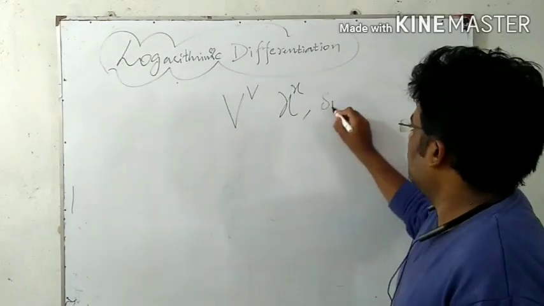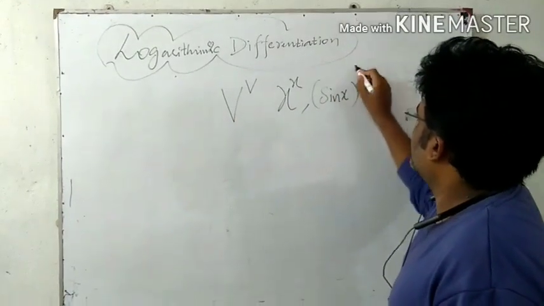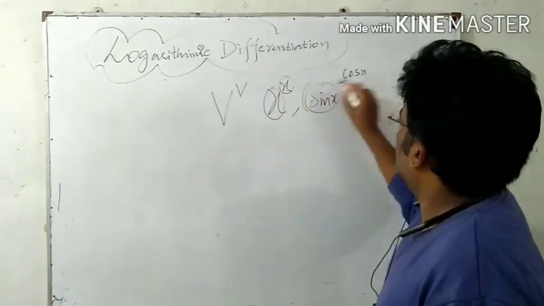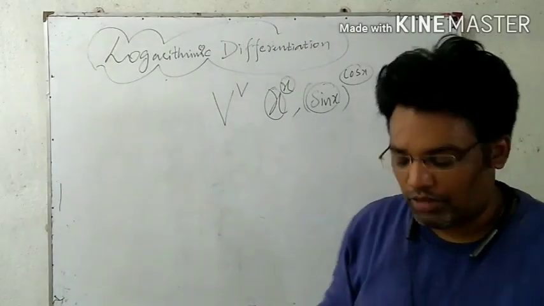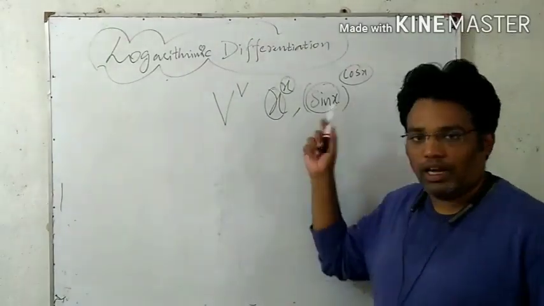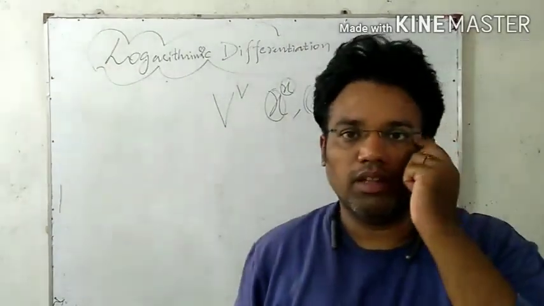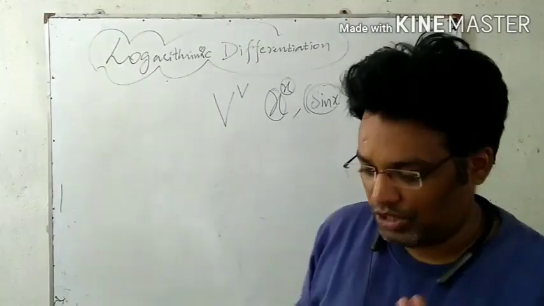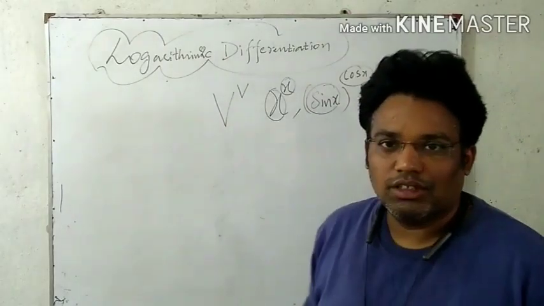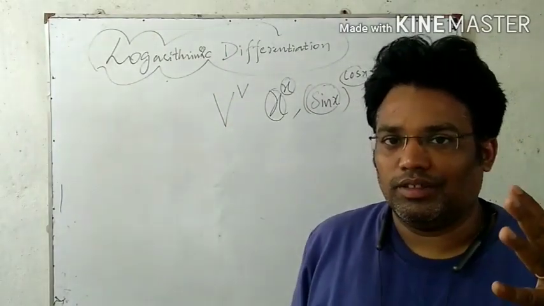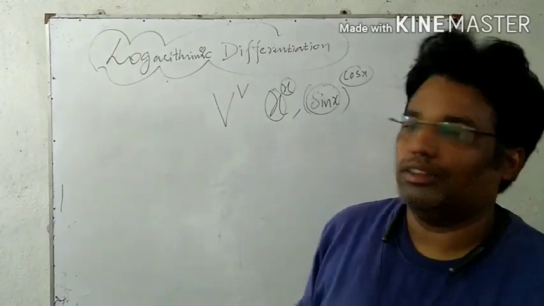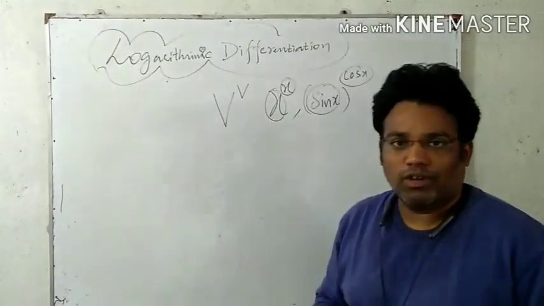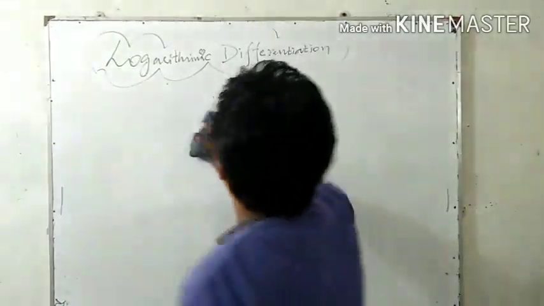Or when I ask you something like sin x to the power of cos x, this is a variable and this is a variable. One thing we need to notice is that we have variable to the power of variable. So what should we do? That's a natural question you'll be getting. That is the main focus in this area: x power x, sin x to the power of cos x. Let's go with that.